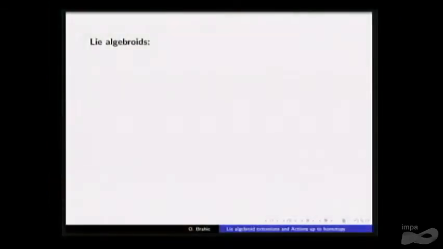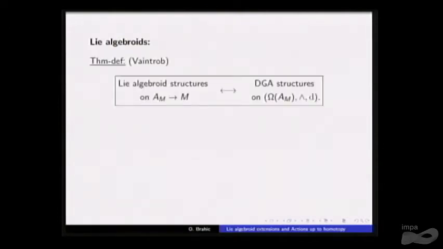So let me recall what a Lie algebroid is. Since I think a few of you are familiar with Lie algebroids, I will start with this result of Weintraub that describes Lie algebroid structures in terms of differential graded algebra.